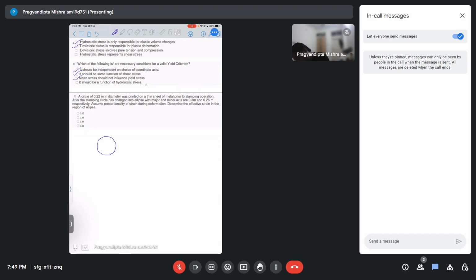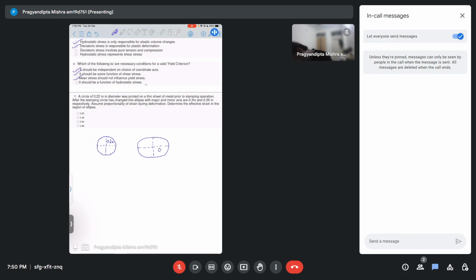So your radius is 0.2 meter, and then it changes into an ellipse. Not exactly looking like an ellipse, but I hope you can assume that it is an ellipse.